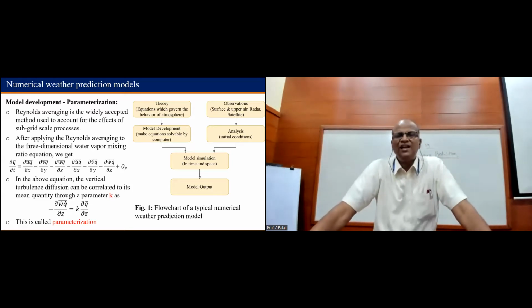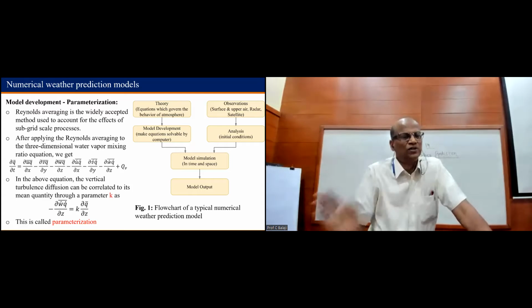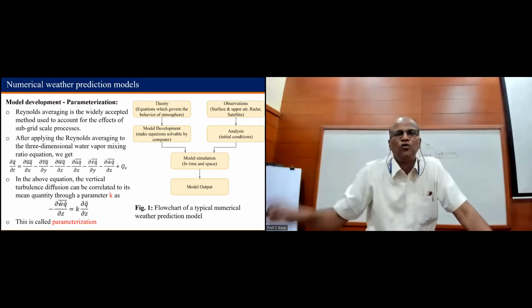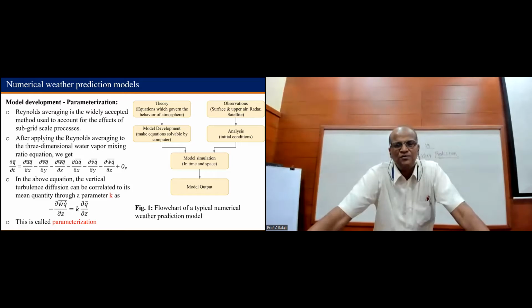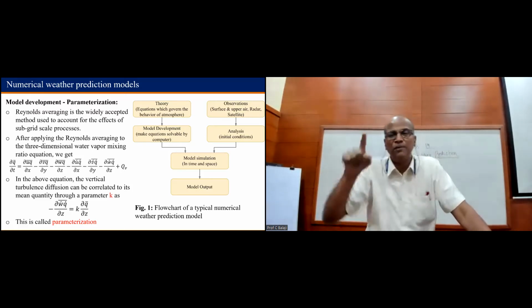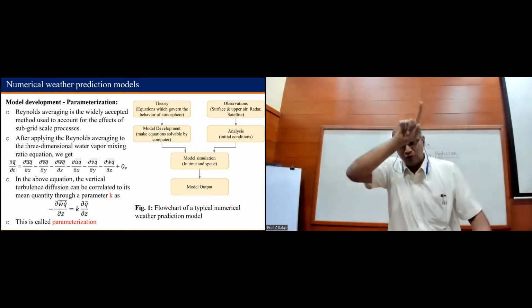Then, for example, the 3D water vapor mixing ratio equation would look like this: the partial of Q bar by T is equal to so many terms. You've got fluctuating terms as well as over bar of fluctuating terms, over bar of mean quantities. The mean of the mean is the mean, right? So U bar Q bar, bar is U bar Q bar, whatever.